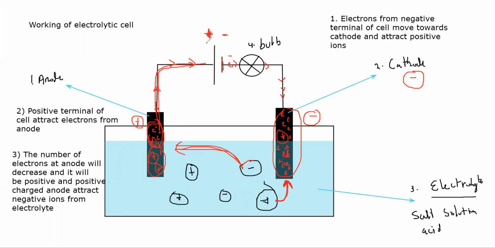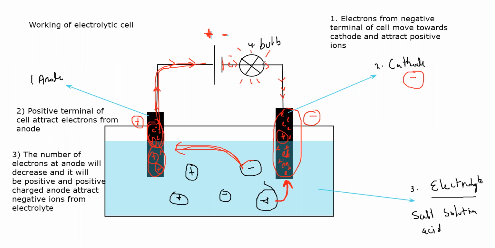The positive terminal of the battery removes electrons from the anode, so the anode becomes positively charged. So the cathode is negatively charged, the anode is positively charged, and they will attract the ions from the solution. And when there's a movement of the ions or charges, what will we observe? We'll observe the lamp or the bulb will light up.